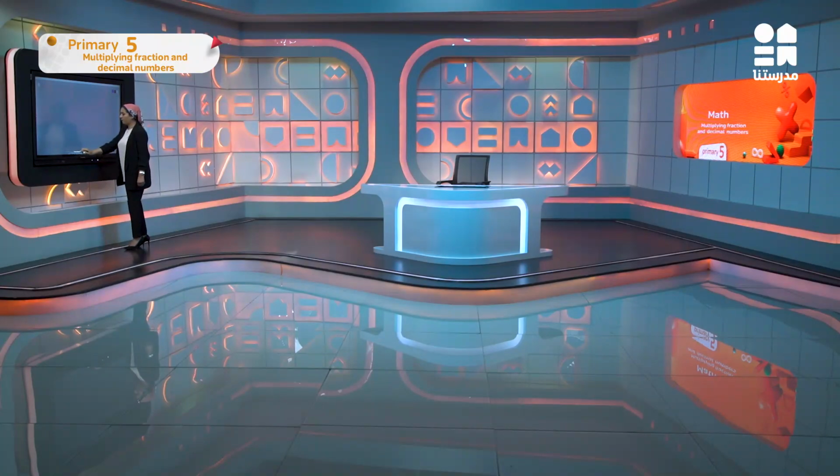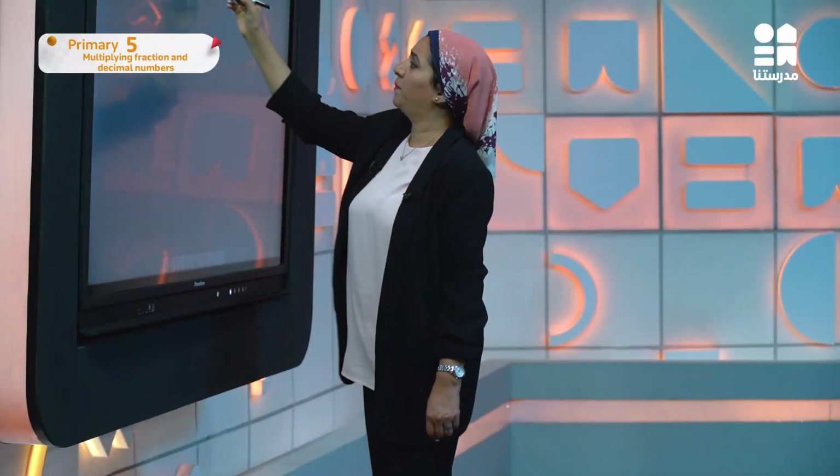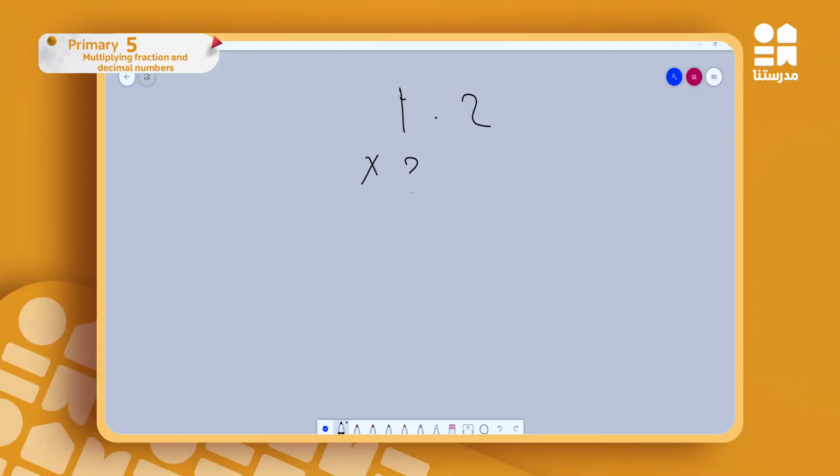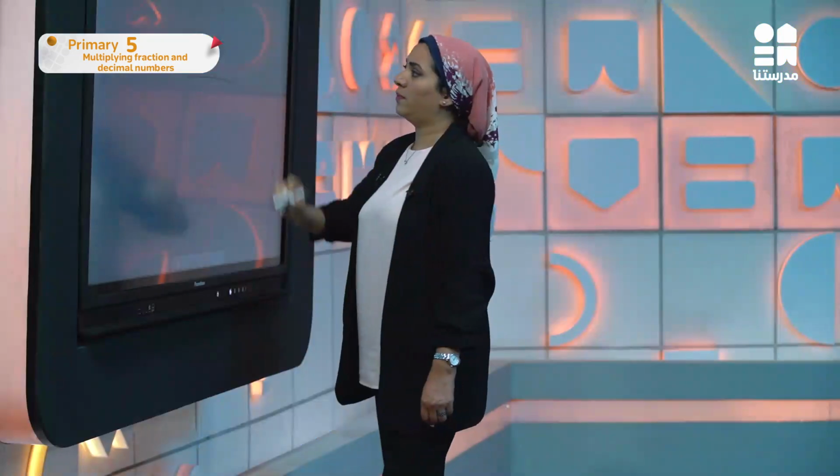So here, another example, 1.2 times 3.4. In this one, I have to forget about the decimal point. I remove this decimal point completely and do the multiplication as normal, as if they are normal numbers without a decimal point.